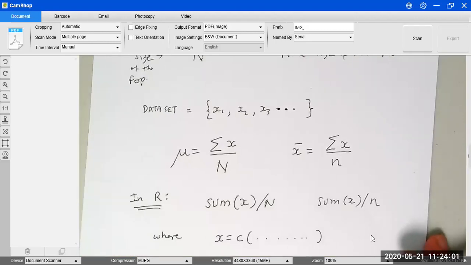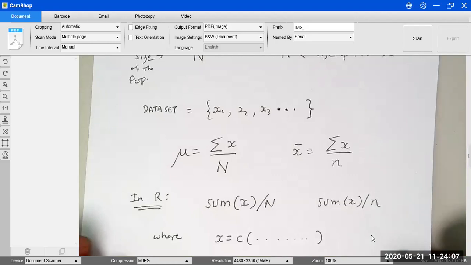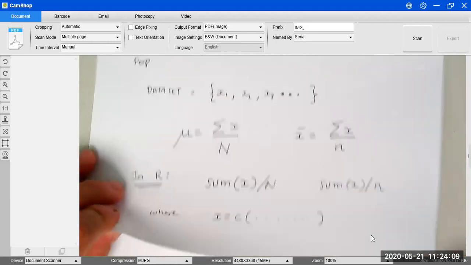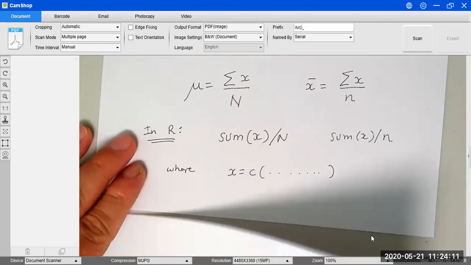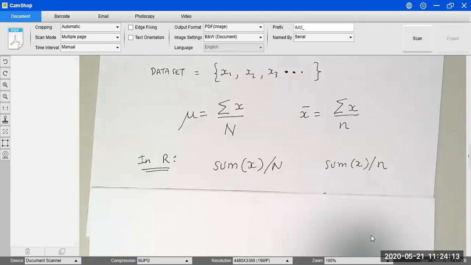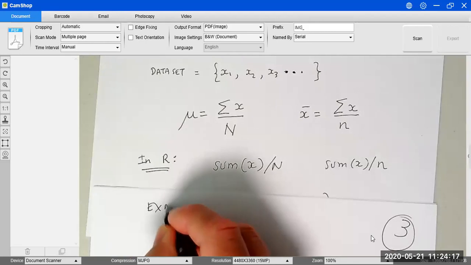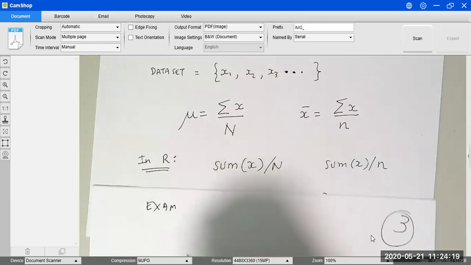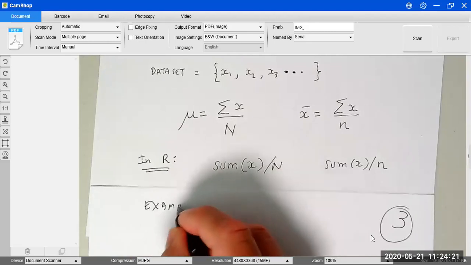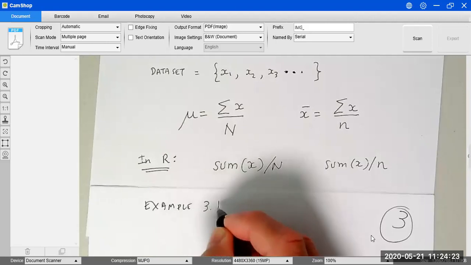So we're going to start solving problems. I'm going to start by solving one example to do this work. So let's see. We're going to start with example 3.1. Example 3.1 is on page 94.